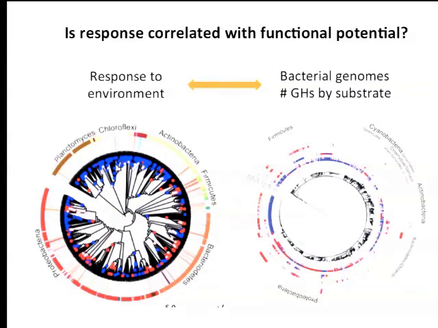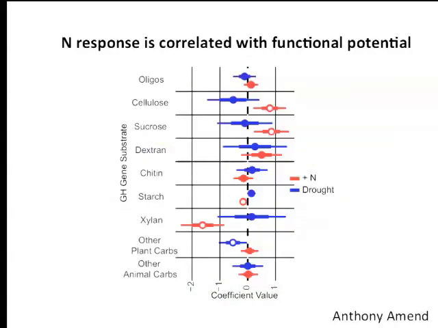I want you to know it's a biased subsample, so these are taxa that have a close relative already fully sequenced. Now we can ask with those taxa, if they increased or decreased in the treatment, what glycoside hydrolase genes did they carry? And this is a summary of a lot of work by Anthony of trying to do that.